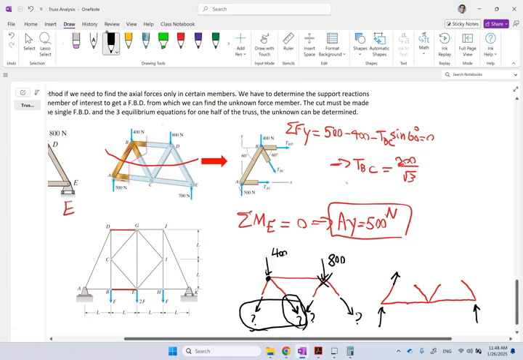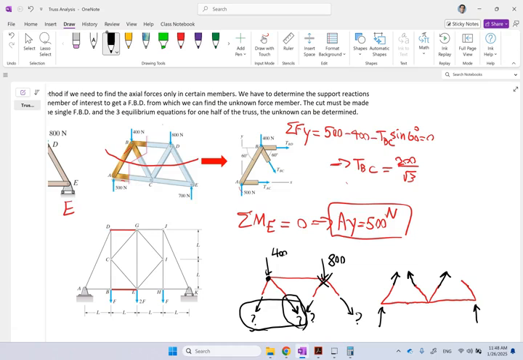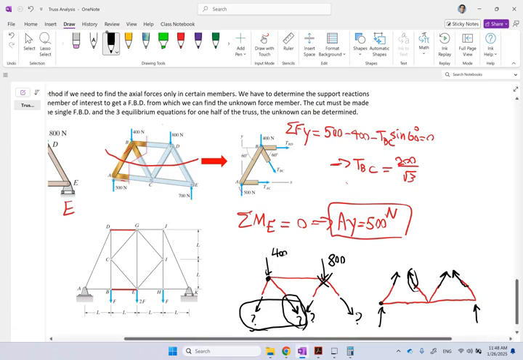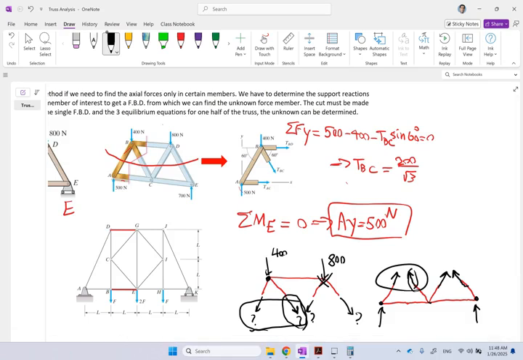Again, you see there are 4 unknown reactions, and this is the one that you care about. If you take moment about any of these 2 points, that will vanish. If you take moment about here, again, both of those will show up. So there is no way that you can solve it by a horizontal cut. You have to do a vertical cut, and you have to make sure that vertical cut cuts this member.